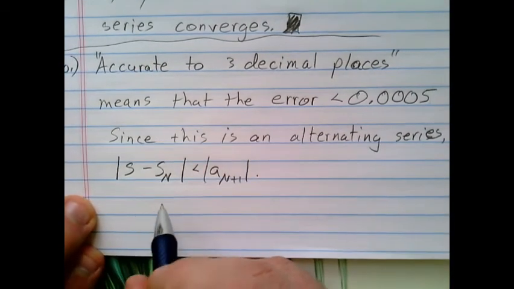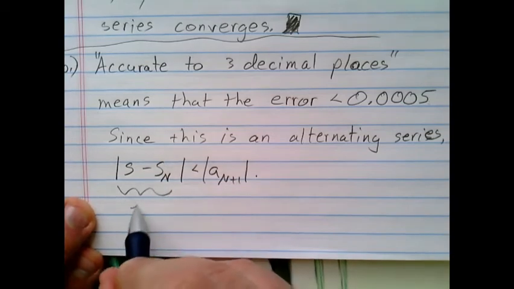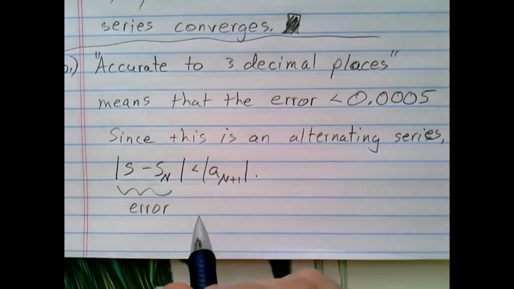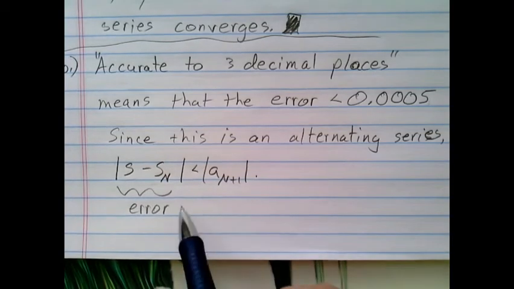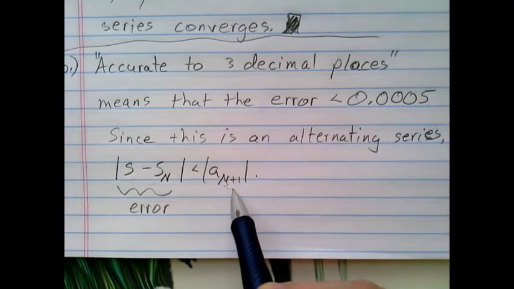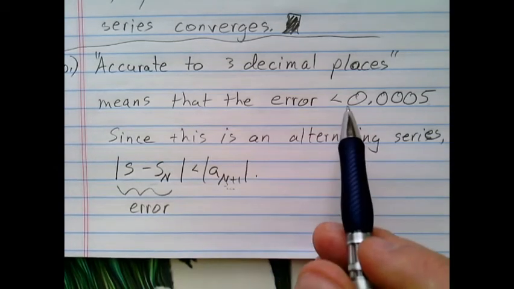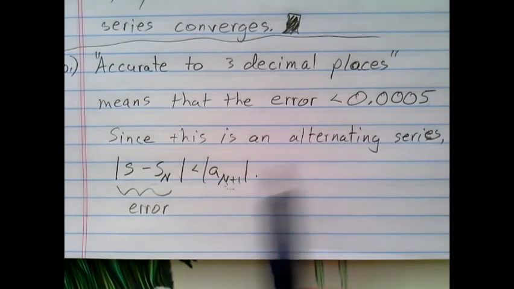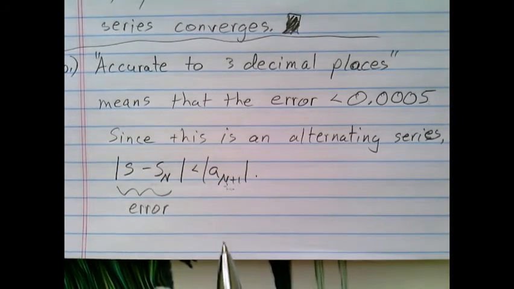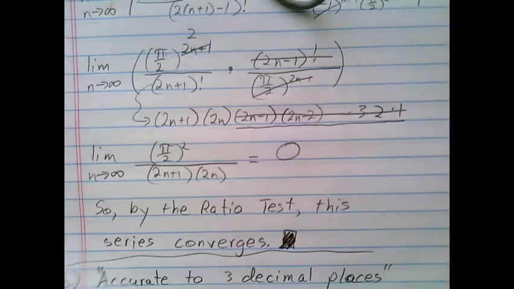This is our error: the difference between the sum of the whole series and the partial sum. So if we make the absolute value of the n plus 1 term less than 0.0005, we'll be forcing the error to be less than 0.0005. Now, here was A sub n.